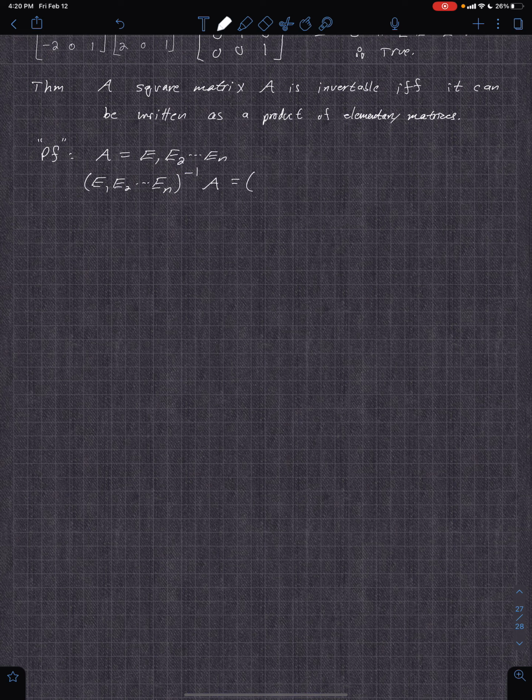So that would be E1, E2 down to En inverse, and then A would be E1, E2 to En.